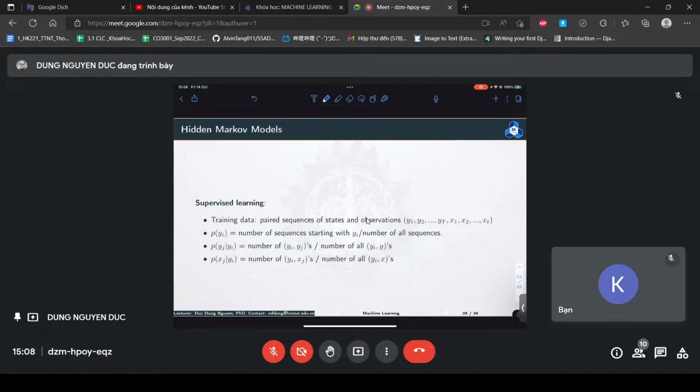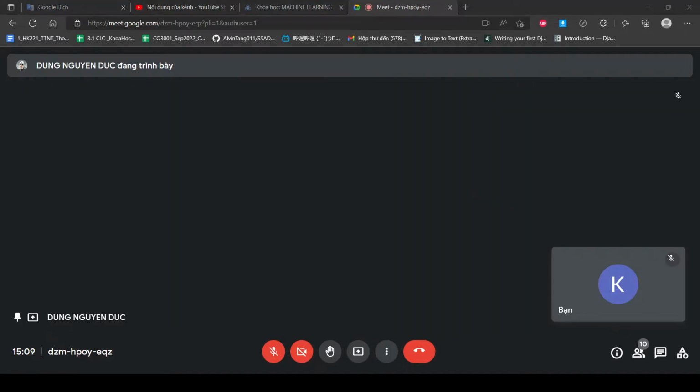So in order to calculate the prior, the probability of seeing y_i, the hidden state, will be the number of sequences that start with y_i. So remember, you always care about the very first hidden state of the sequence. So the prior will be the number of sequences starting with that hidden state divided by the total number of sequences, right? That's very simple.